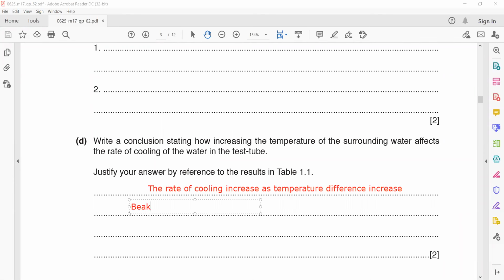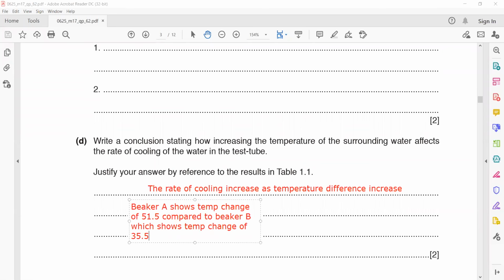In beaker A, there is a temperature change of 51.5, compared to beaker B, which shows a temperature change of 35.5 in 180 seconds.